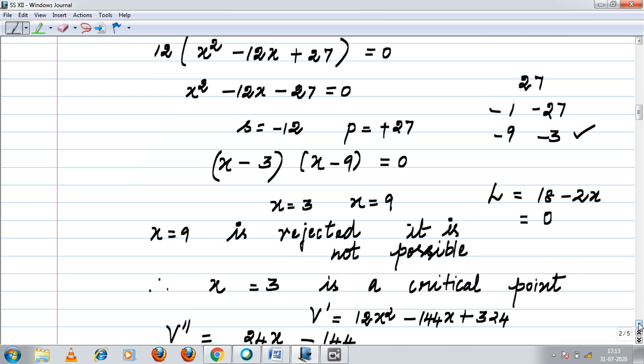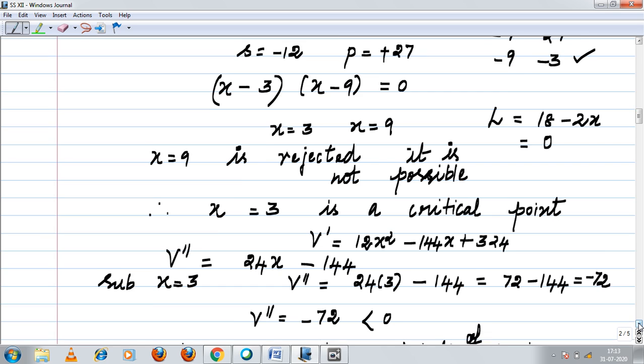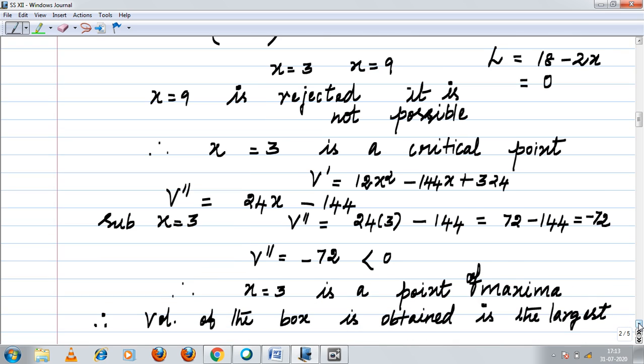That means x is equal to 3 is a critical point. Then you do the second order derivative. Substituting x is equal to 3, we arrive at a negative value, so the point is a maxima. Therefore, the volume of the box obtained is the largest.